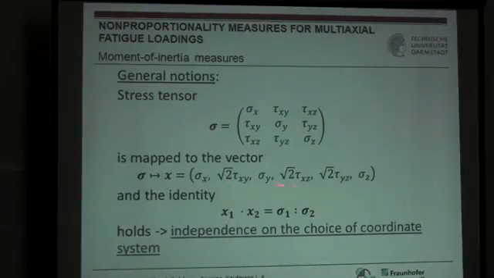This is used in order to obtain this identity. This identity means finally that the measures which are going to be discussed are independent of the choice of coordinate system. It doesn't matter how you rotate your coordinate system and in which coordinate system you write your tensor components, the measures will yield the same result.